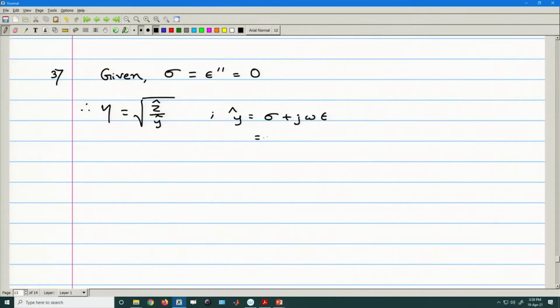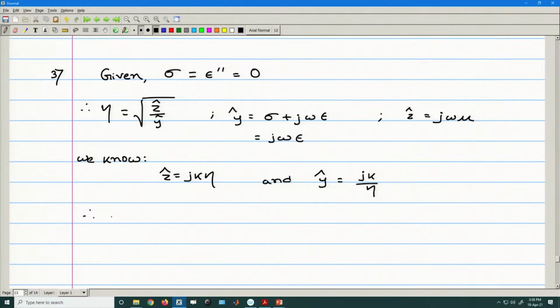So, sigma is 0, we have it as j omega epsilon. Also, z cap is j omega mu. Now, we know that wave number and the intrinsic impedance are related by z cap as j k eta and y cap as j k by eta.